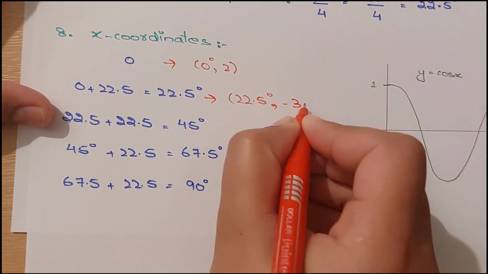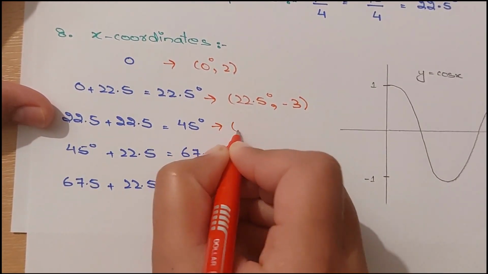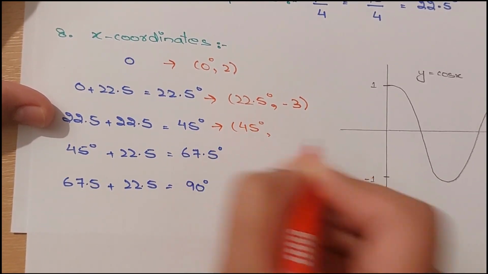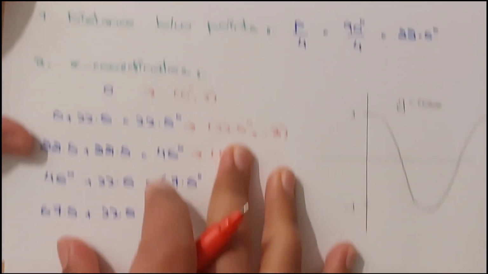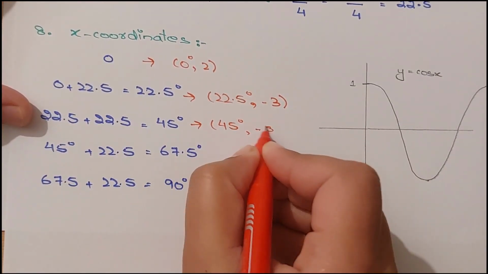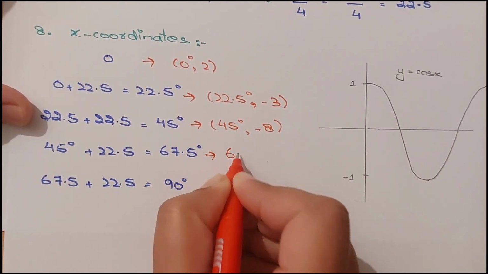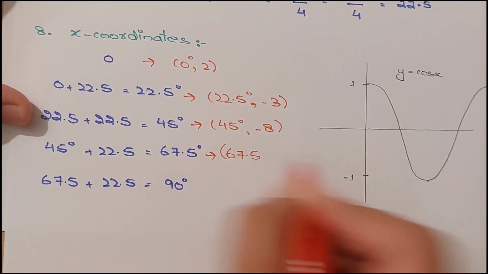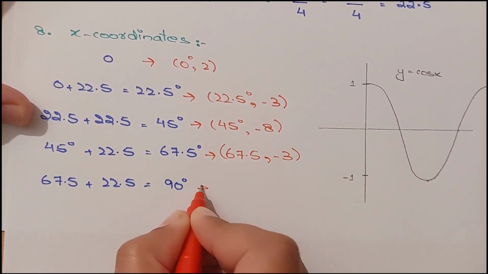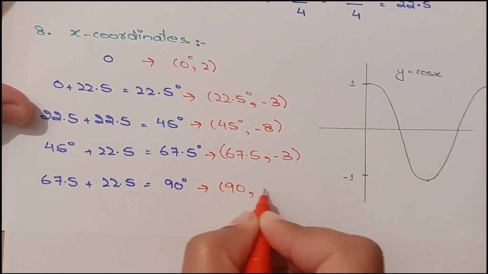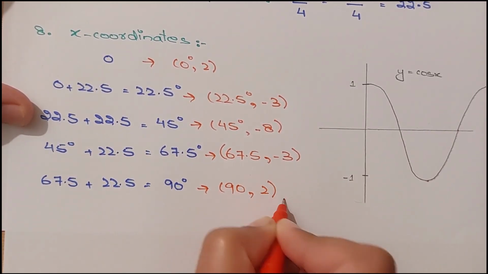So we have minus 3. When x is 45 degrees, what is y? The next point is the minimum point, right? The minimum point is negative 8. So we have minus 8 at 67.5. Again, it goes to the equation of axis, that is negative 3. And at 90, it goes to the maximum, which equals 2, right?